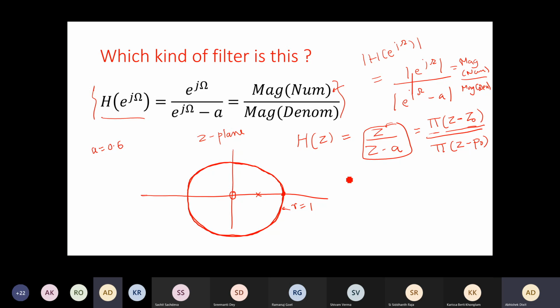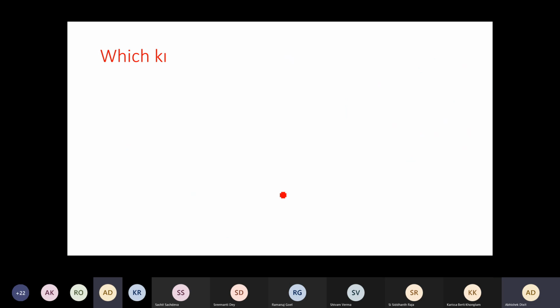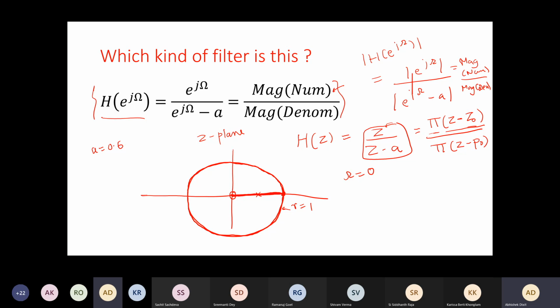Let me choose ω equals 0 for simplicity. To find the magnitude of the numerator, you have to find this length, the length of this point from the zero.